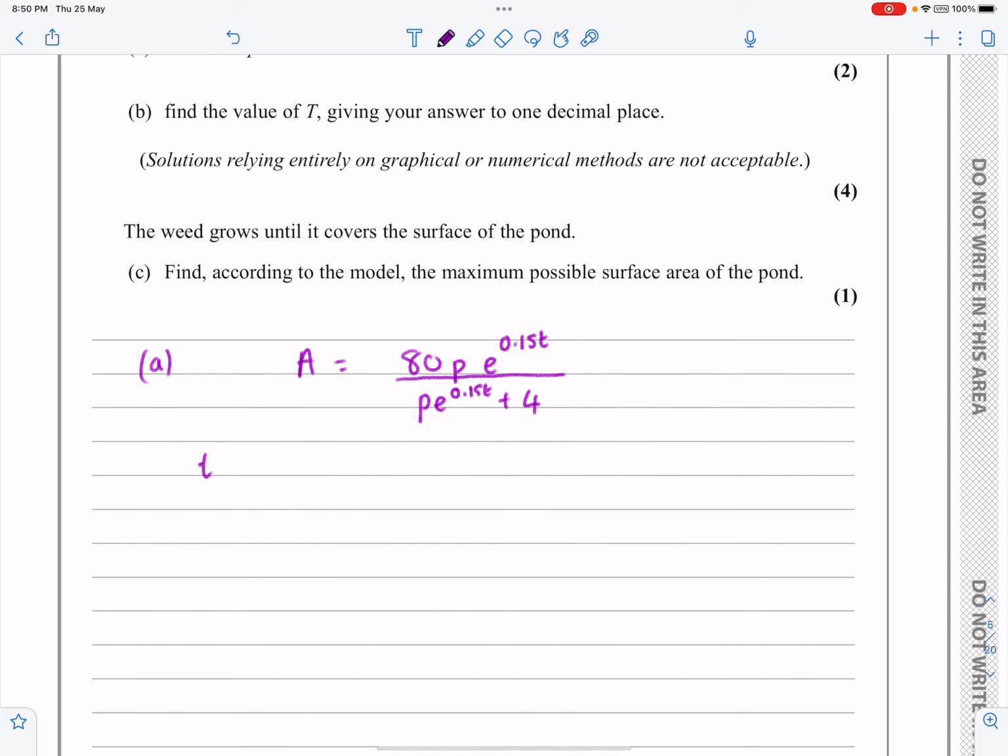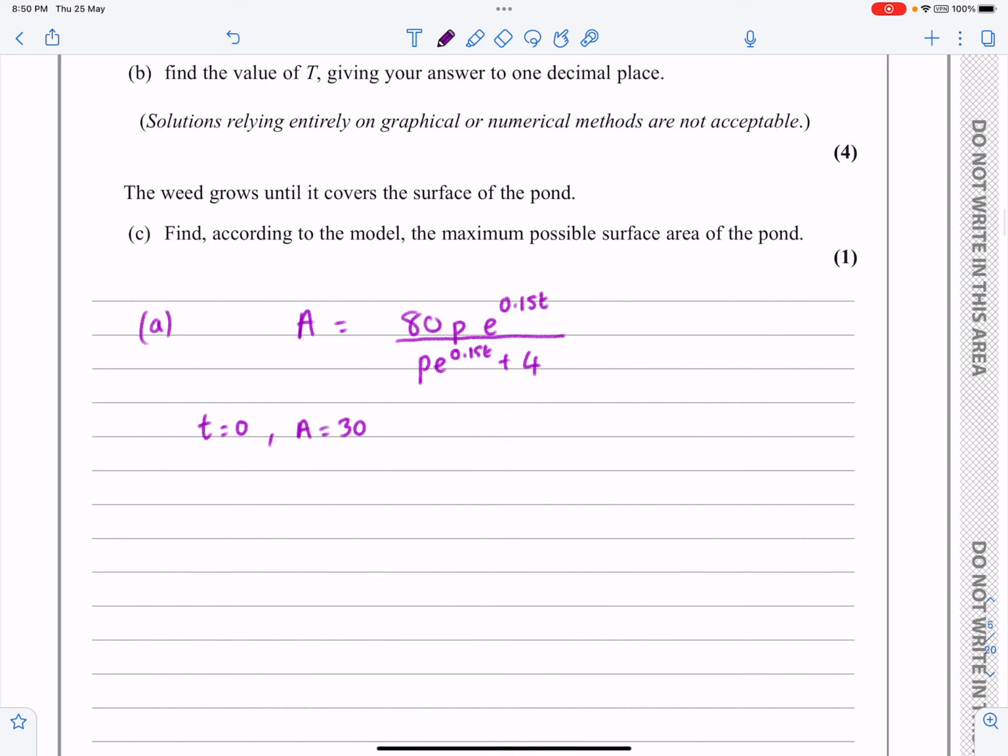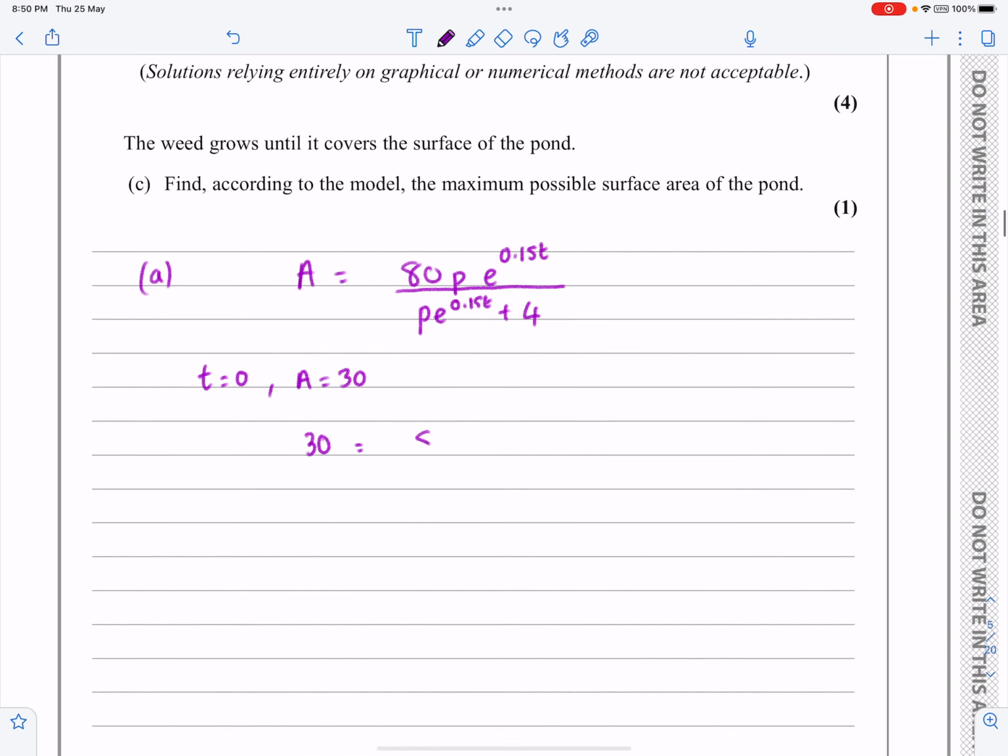Well, they were telling me that at the start of the study, when T equals 0, A is equal to 30. So if we put that information in, we're going to get that 30 equals 80p e to the 0 all over p e to the 0 plus 4.